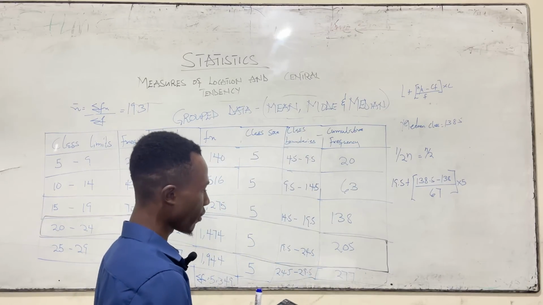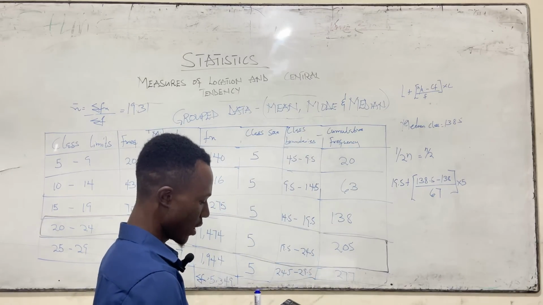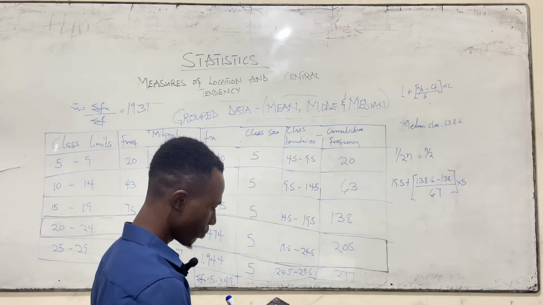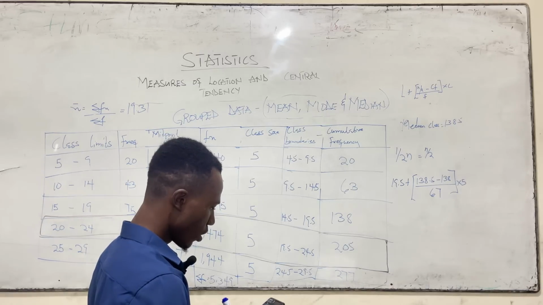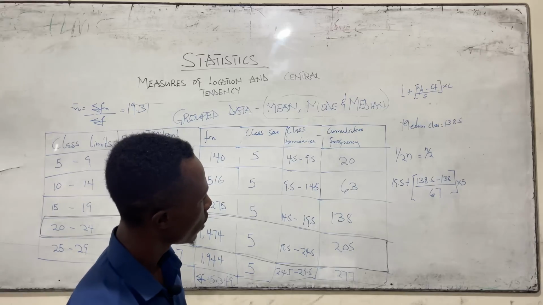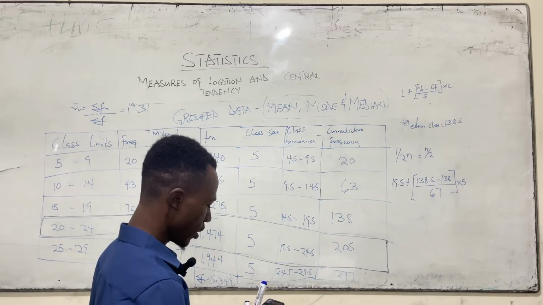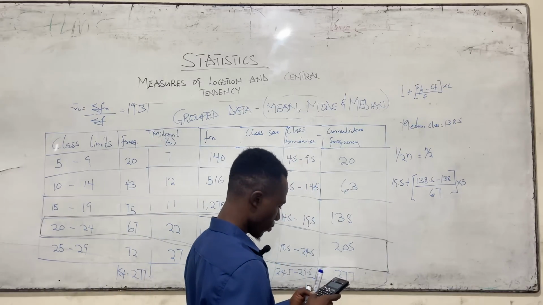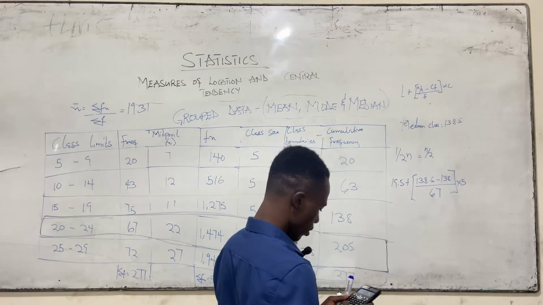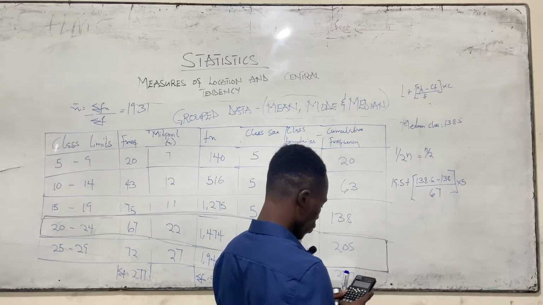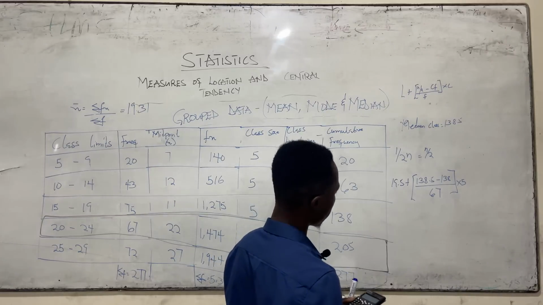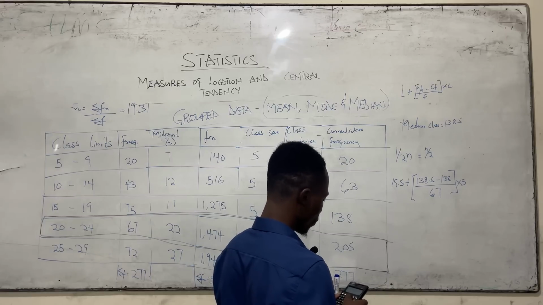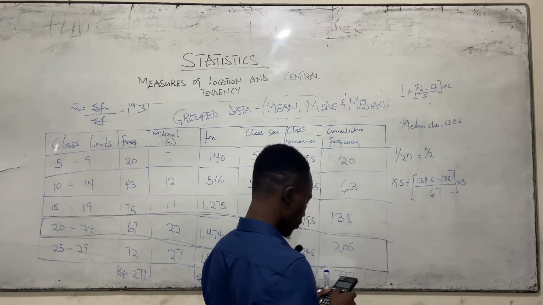That is 19.5 plus 138.5 minus 138, divided by 67, then all multiplied by 5, right?